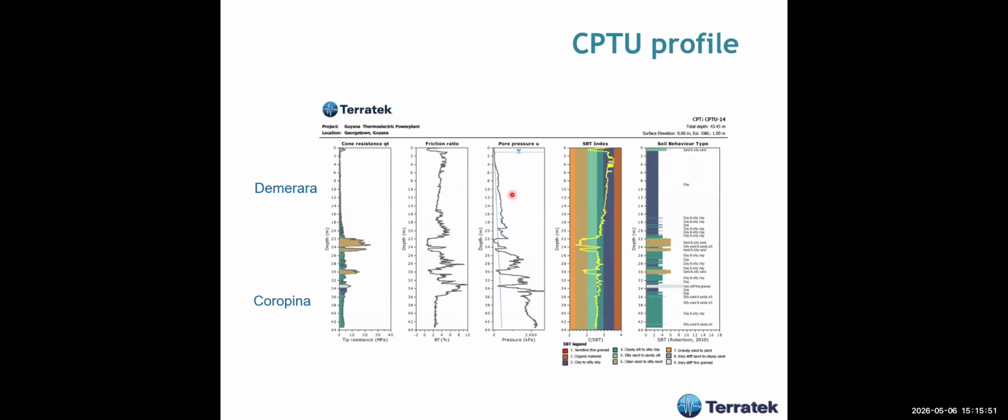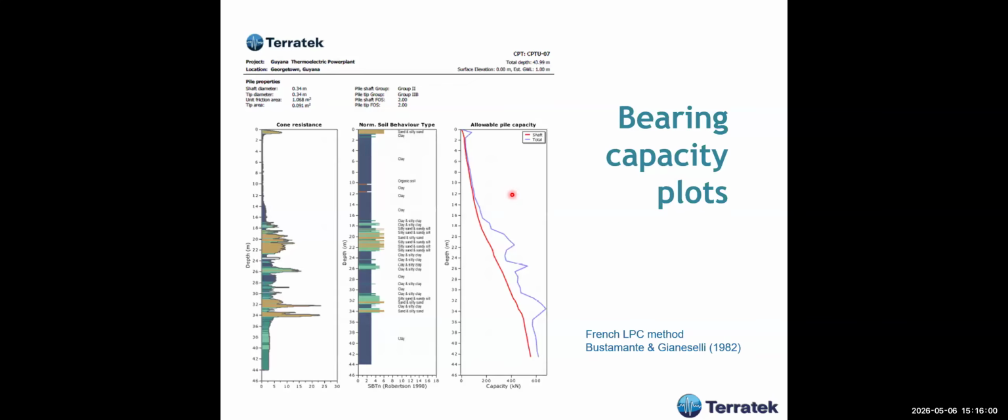Okay, so this is a CPT profile. This is the best method: if you have a CPT profile, you can calculate the bearing capacity through the LPC, Laboratoire des Ponts et Chaussées, the French method, published in 1982 by two researchers of the Laboratoire des Ponts et Chaussées in France, Bustamante and Gianeselli.